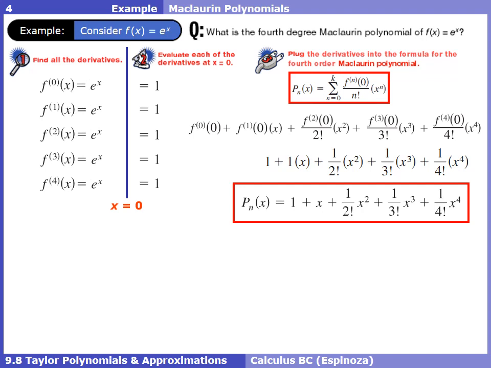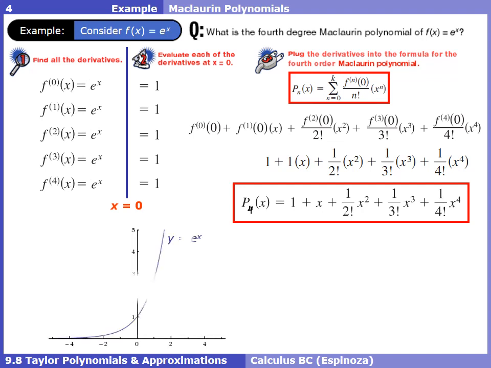Other than that, that's it. That's our fourth degree Maclaurin polynomial for the function e to the x. And actually there's a little typo here, I guess. It really shouldn't be p sub n right here. It should really be a 4 for the fourth degree Taylor polynomial, or Maclaurin polynomial.